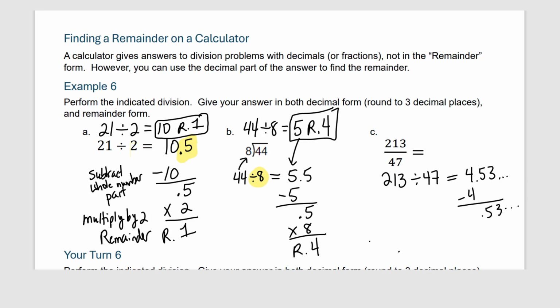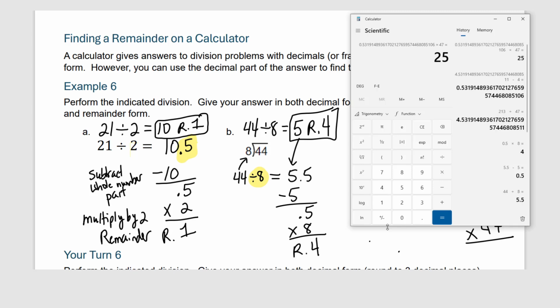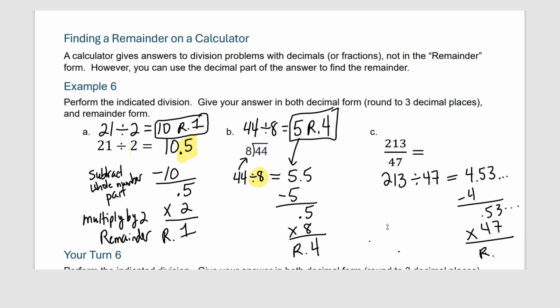I want to multiply that by 47, because that's the number we had divided by, to see what the remainder would have been. Times 47 is 25. So the remainder is actually 25.